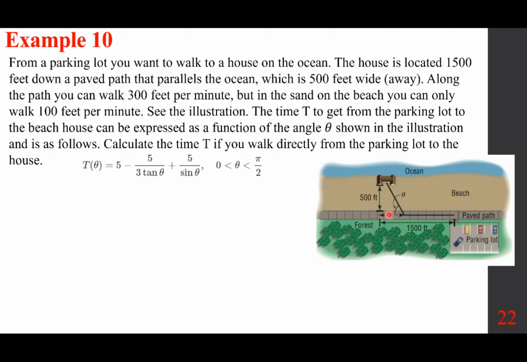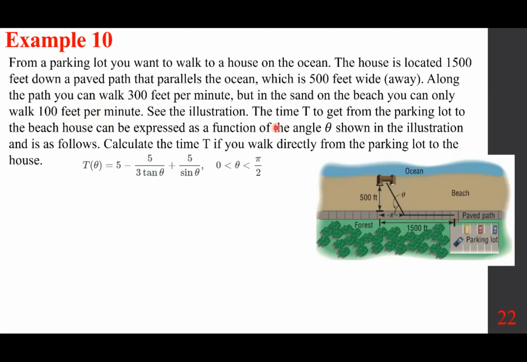So this is 1,500, this is 500. Along the path, you can walk 300 feet per minute, but in the sand on the beach, you can only walk 100 feet per minute. So we can go faster here, 300 feet per minute here, 100 feet per minute here.